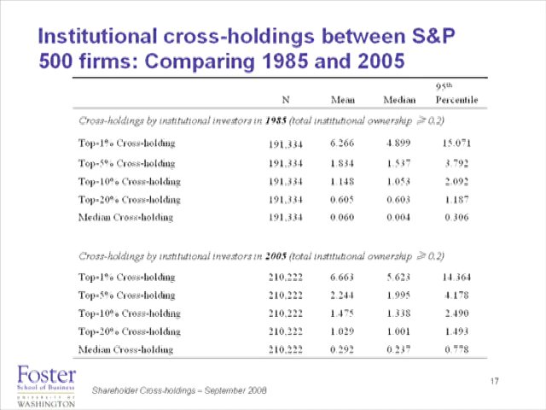Okay, so by the time you get to 2005, what you see is that in the average firm in the S&P 500, 20% of its shares are held by investors that have a cross-holding of more than 1 in the average other firm.